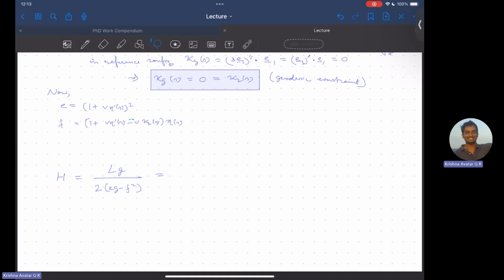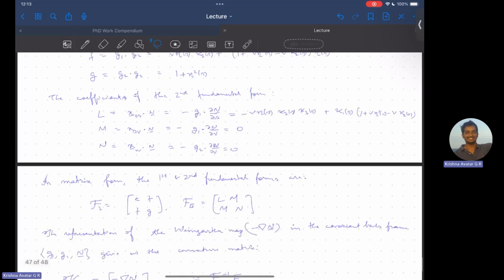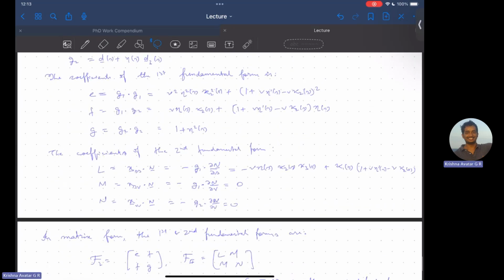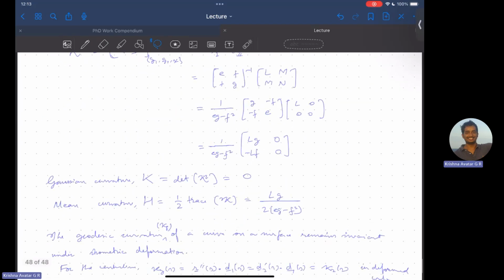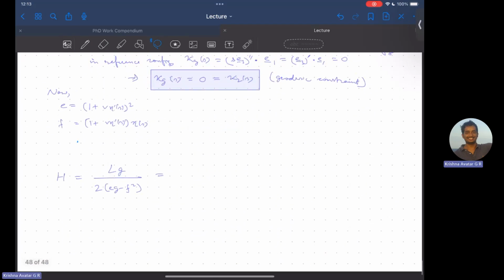We're left with this, and this term also goes away. And the Z term is as it is. There is no change.